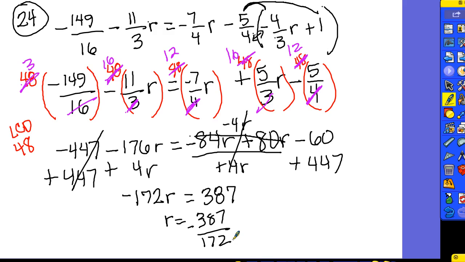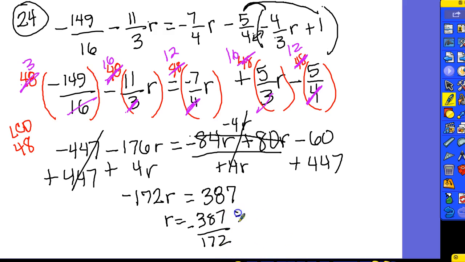And guess what? We can simplify that, by dividing the numerator and the denominator by the very common factor of 43. If you knew your factors of 43, it'd be helpful.